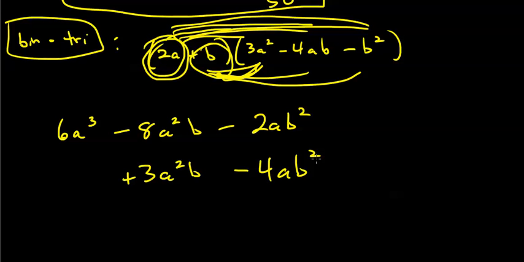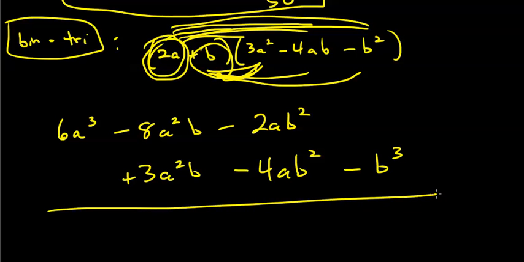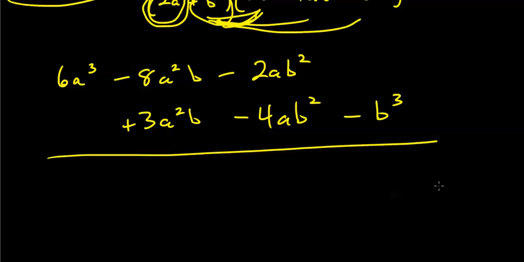So notice I line up those terms in the a squared b columns. And finally, b times minus b squared is minus b cubed. Alright, so if I play my housekeeping right, everything is nice and neat. All like terms are arranged in columns, making them easier to combine.